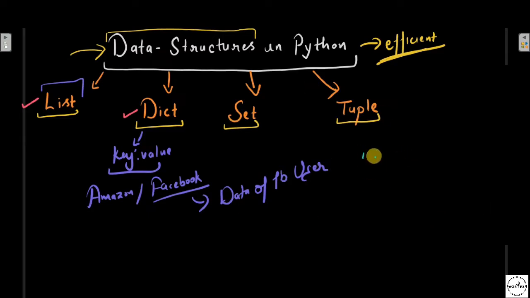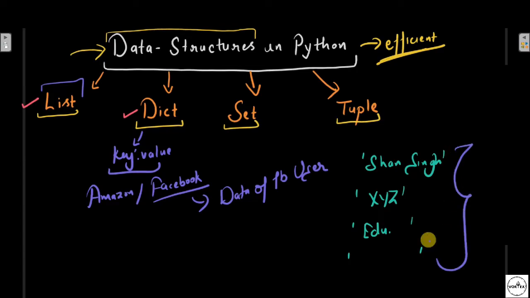In context of my data, I have a name as Shan Singh, some hobby, some educational background, and some set of interests. Can you store this data? I can say, okay, I can do that. So let's define a dictionary. Imagine dict1.